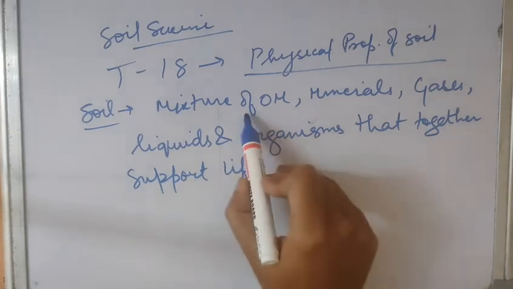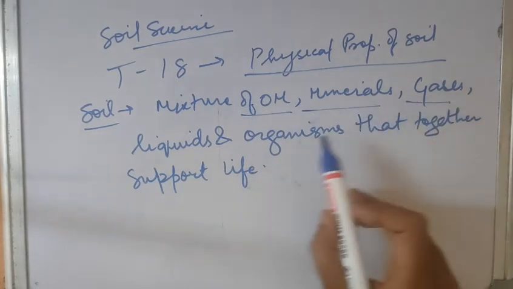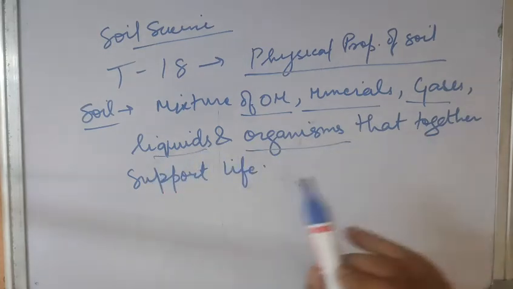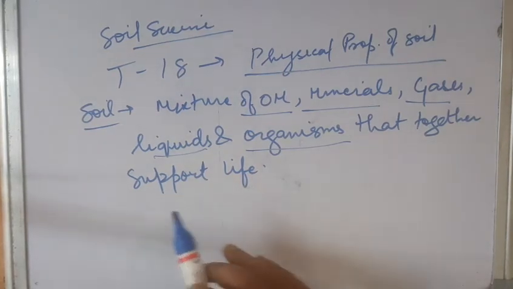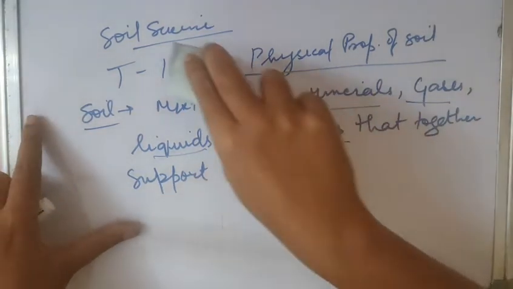So we can see it is a mixture of organic matter, minerals, gases, liquids, organisms that together support life. So this is how you can define soil. So we will move into physical properties of soil.